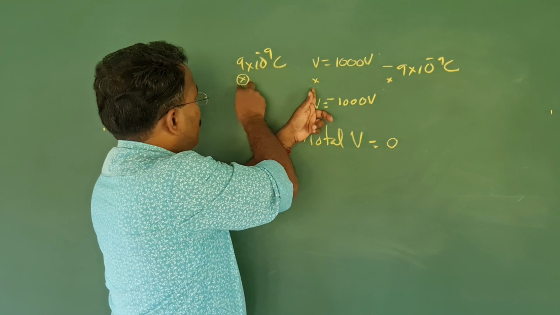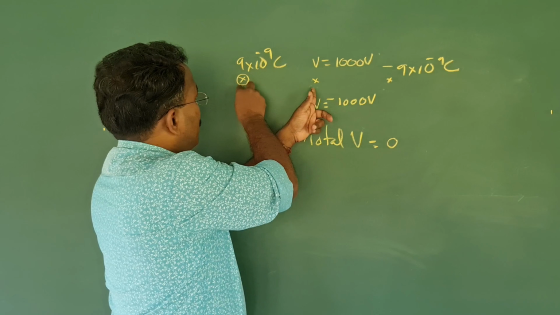So, the charge is here. It produces a potential here. Just imagine another negative charge is there, say here. At this point, another charge, minus 9 into 10 raised to minus 9 coulomb. So that produces a potential here of minus 1000 volt.